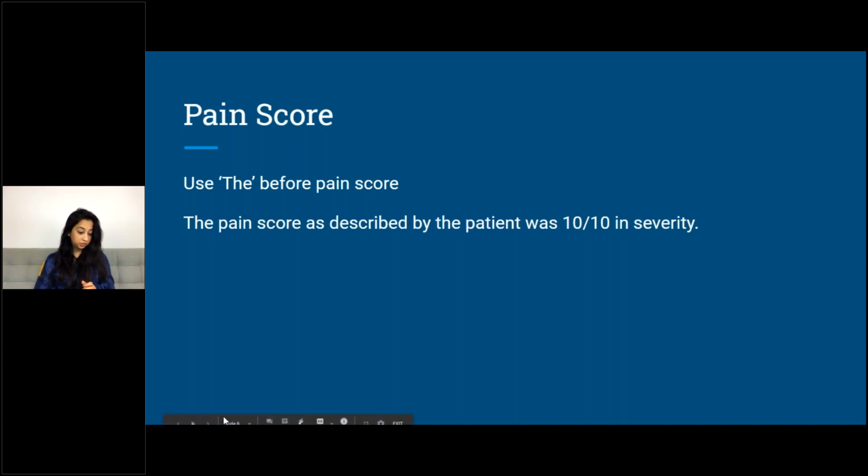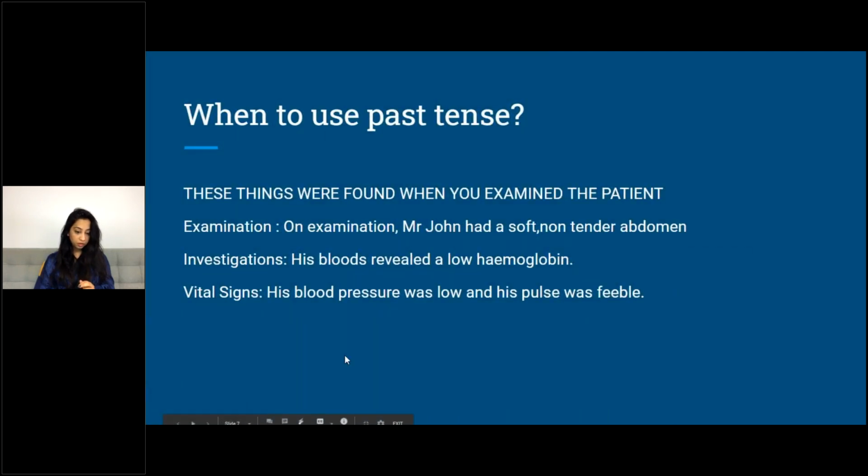Okay, excellent. Now we're going to be moving on to the next mistake that people make. Guys, make your life easy. Don't confuse yourself. Use past tense when you're talking about examination, investigations, and vital signs.